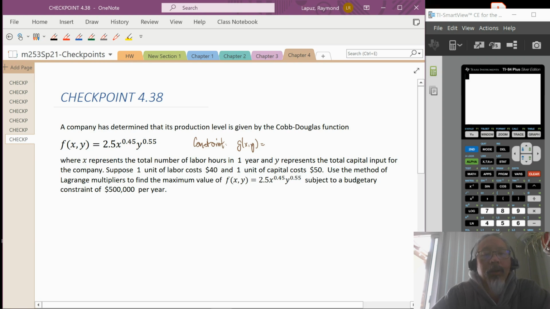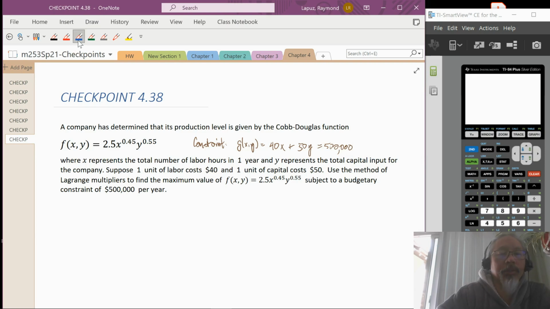One unit of labor is x, so that's $40 times x, plus $50 for the capital times y, and this is supposed to be equal to 500,000. So that's our constraint. Now let's set up our Lagrange multipliers.